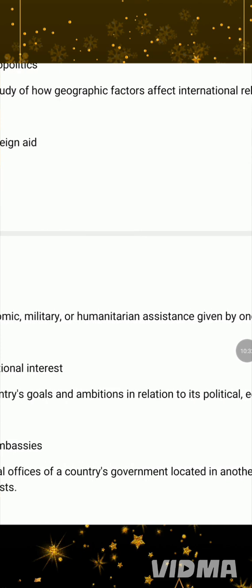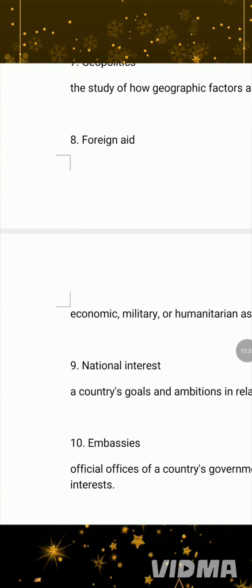Now, national interest is actually the major determinant of foreign policy of states. National interest is what determines how a state behaves. It is what guides your foreign policy, what guides your relations. Because national interest means what a state seeks to achieve in her foreign policy.